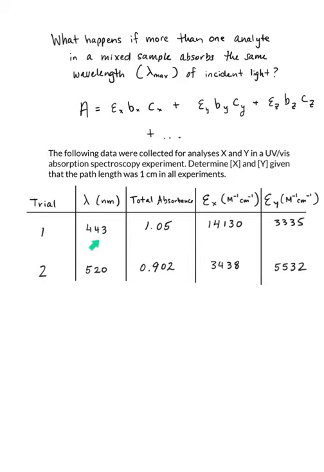Data associated with trial 1 at a particular wavelength are shown in this first row. Data for experiment 2 are shown in the second row. So, what do we know?